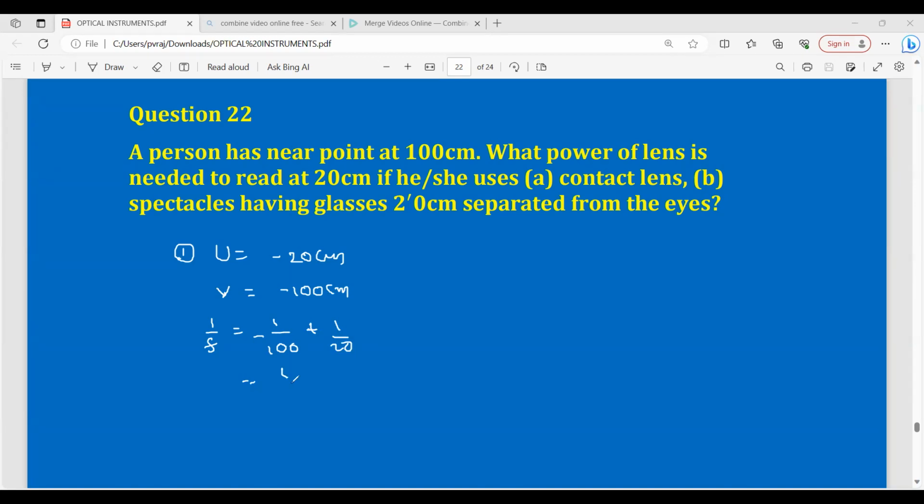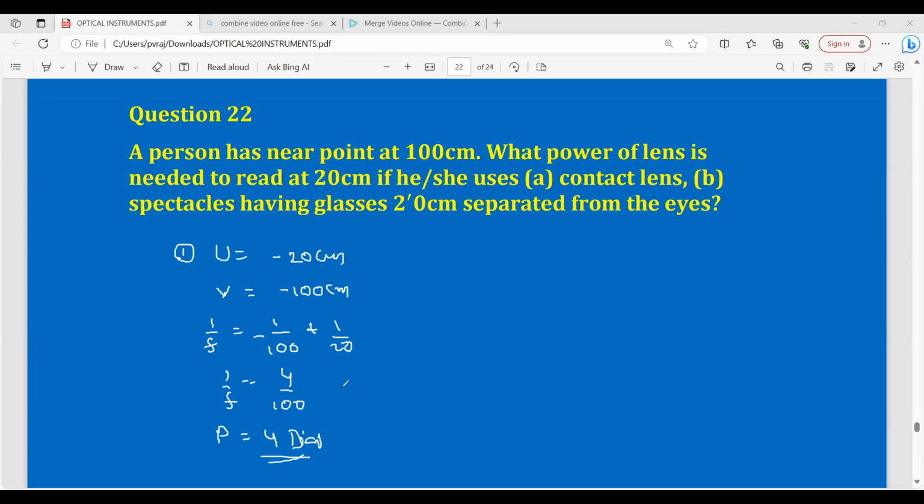By taking the LCM, you will get 4 by 100. Power equal to 100 into 4 by 100, that is equal to 4 diopters. A 4 diopter power lens we can use here.